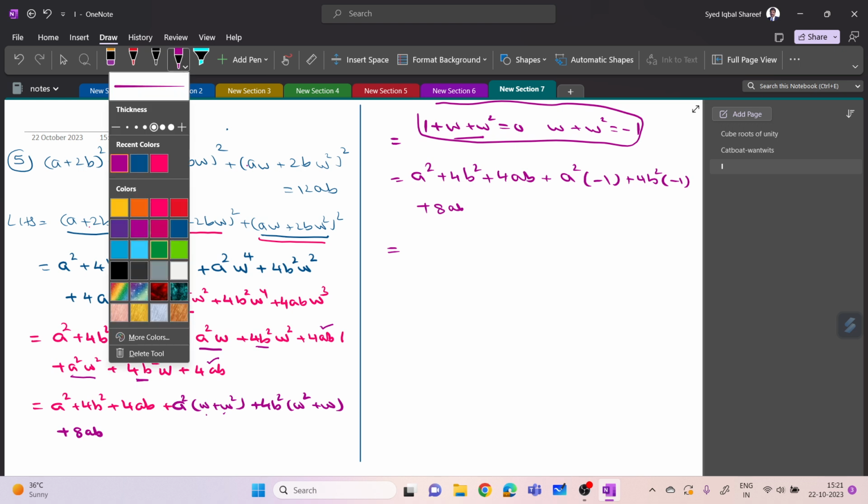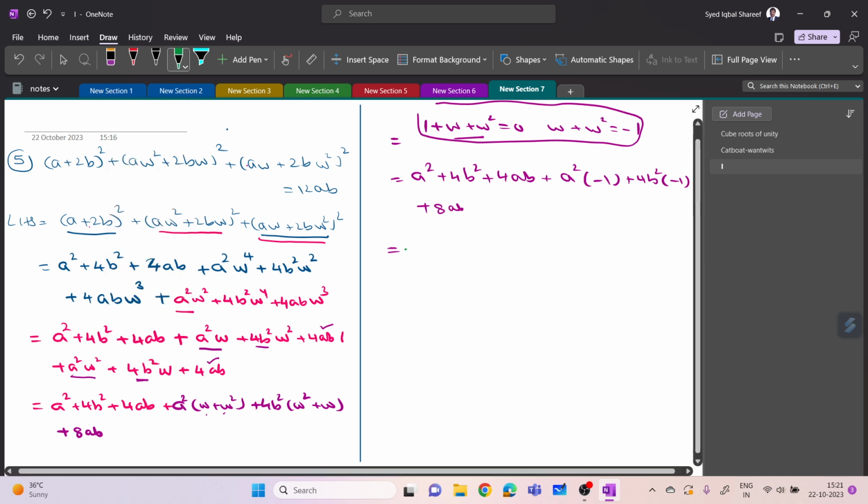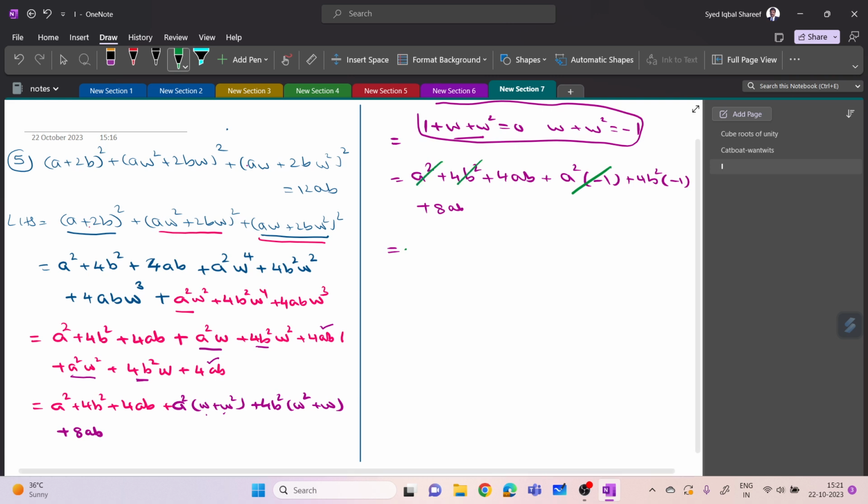See here, minus a square plus a square getting cancelled. This b square getting 4ab. This 8ab is 12ab, which is equal to our right hand side. Okay, that's it. Very easy, just expanding, and two things we are doing. Omega cube equal to 1, this property, and this property we are using and solving the problem.